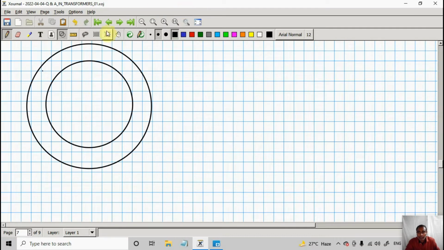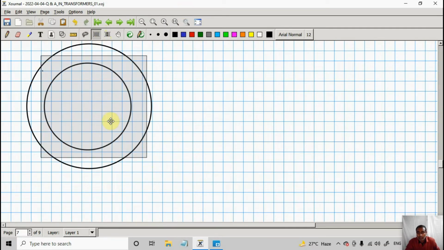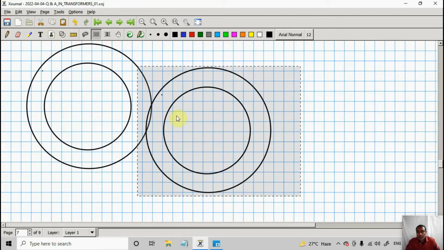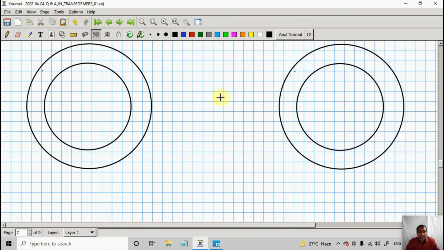So let me align this. We can copy this once more because we will be requiring this at two places. Now let us extend it.